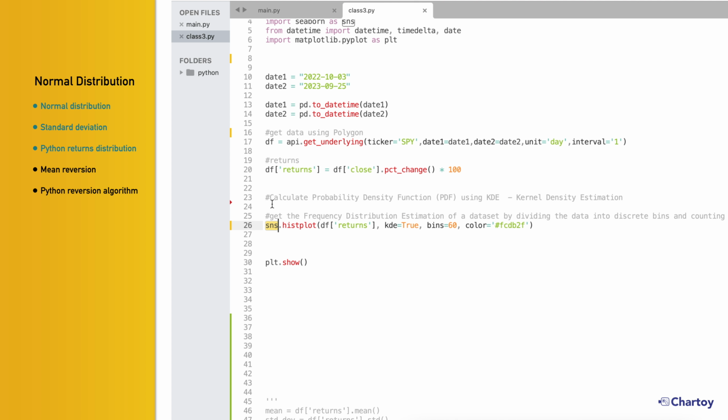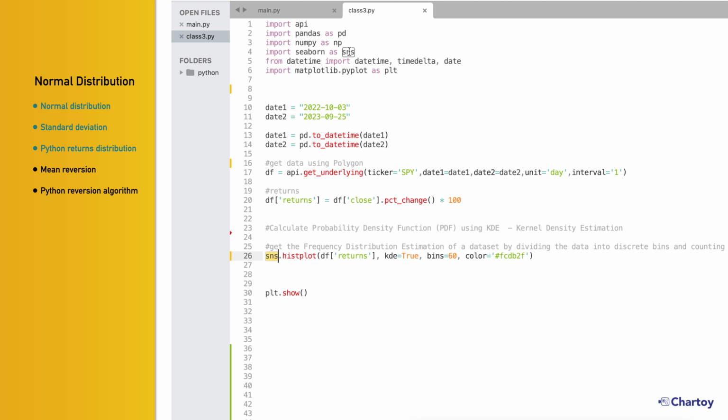SNS, as we just showed, is the Seaborn library that we use, and it has a function called histplot, which will plot the histogram. So we are giving it the values, which is the data frame's returns column, because we want to find the distribution of the returns. KDE true, we need this for this function. Bins 60, we use 60 bins to represent data. We'll explain very soon what that means. And the color of the line.